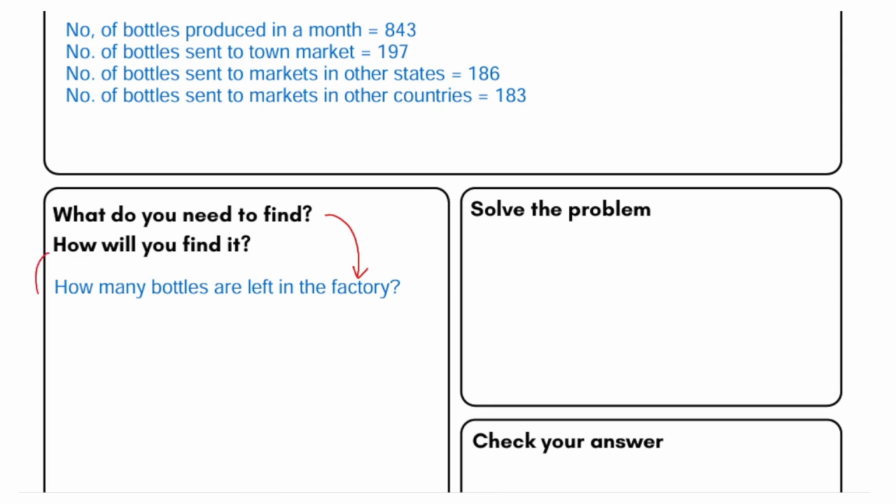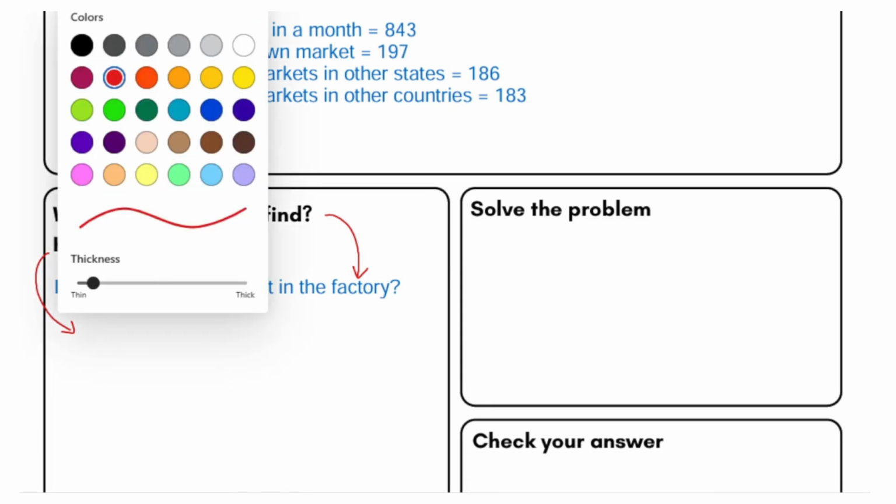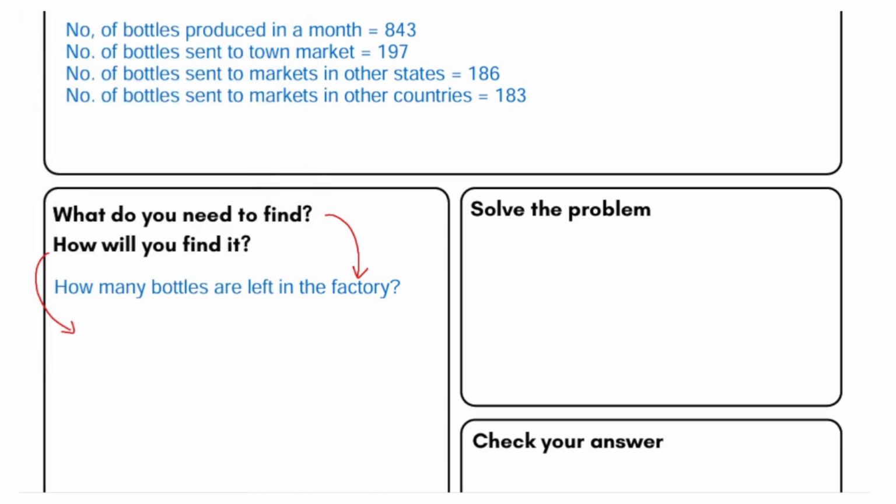Now it comes to the solution. How will you find it? In such a problem, I have the total number of bottles produced, and some bottles are being given up, and we're supposed to find out what is left.